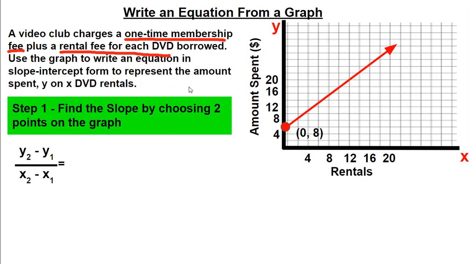So that's 0, 8. That line is supposed to be at the 8. I don't know why I didn't quite have my line up to the 8, but it should have been. And then the other point I'm picking is 8, 18. That says 16. What did I do on this one? Well, it should be 8, 18, okay? So just pretend like this is 18 here.